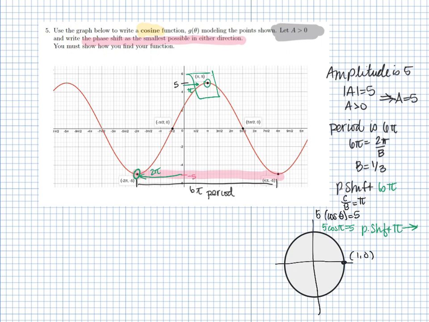We know that B is 1/3, so that means that C must be pi over 3. And again, C is going to be greater than 0 because our shift is to the right. We can also see that our midline here is in fact the x-axis. So that's going to tell us that there is no vertical shift.